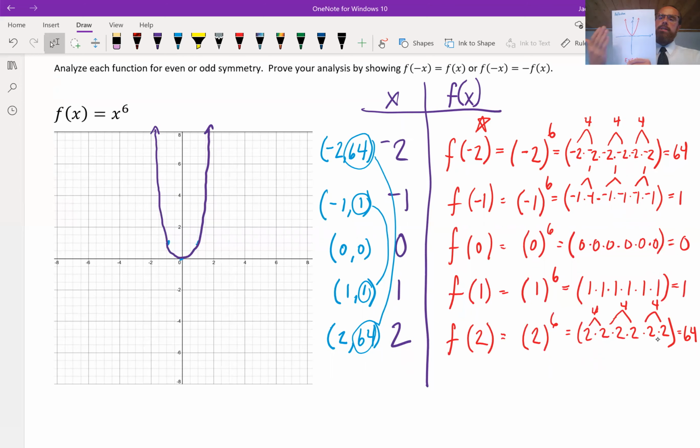What we should see is that this side of the graph, if I were to fold it over the y-axis, it should land exactly on the other side. And in fact, with paper, we can kind of demonstrate that. If I fold this over, this one side of that parabola would exactly hit on the other side. So that's even symmetry. It's a reflection over the y-axis.